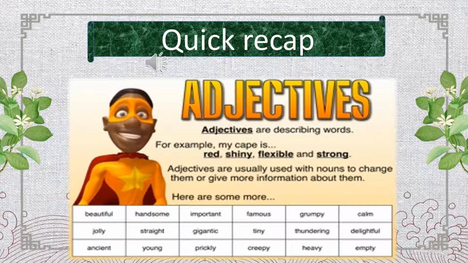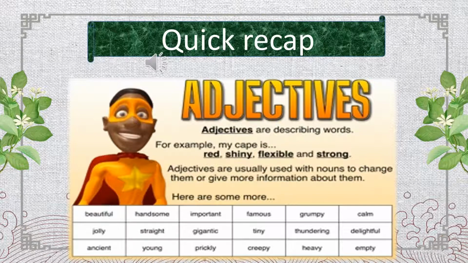The Supermans wear a cloth around their neck which keeps flying, like Mr. America or the Iron Man or the Batman. That cloth is called cape. So here the Superman is saying that my cape is red, means color, shiny, how it looks, flexible, how is the texture, and strong.